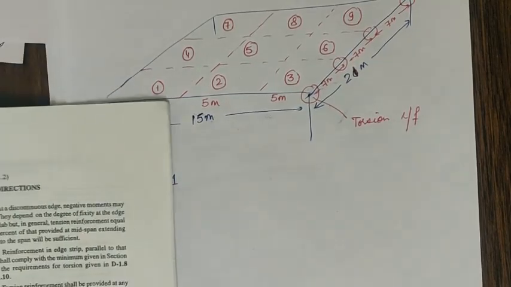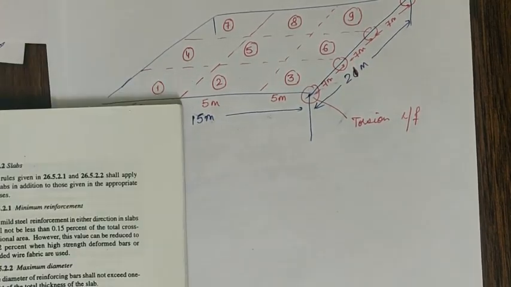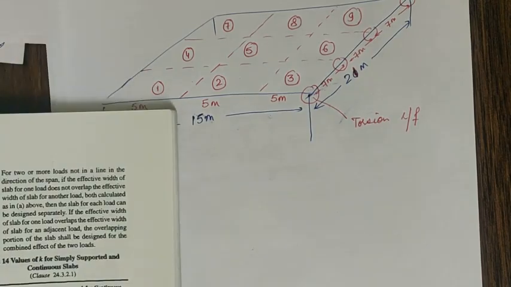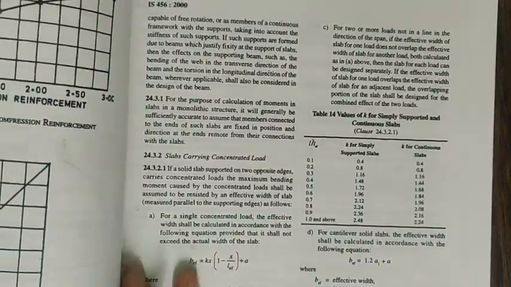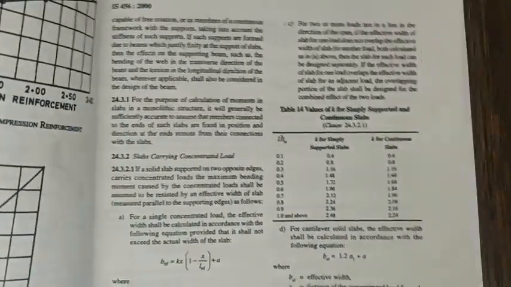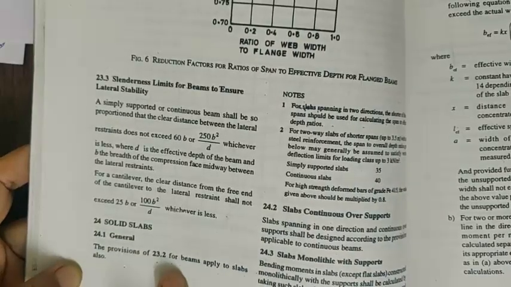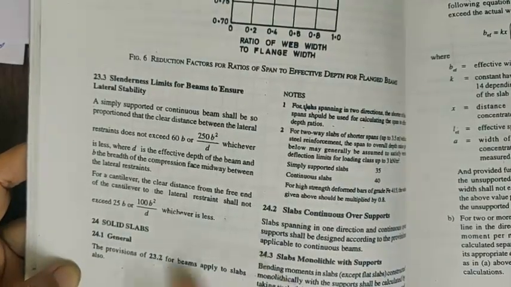Is it okay? Along with that, I must tell you that there are clauses in between where the code is talking about the design of slabs here. These were the clauses related to solid slabs. Clear?